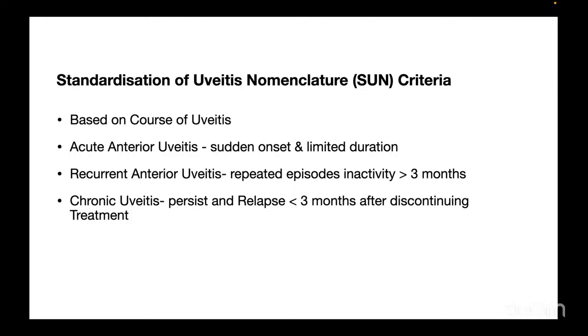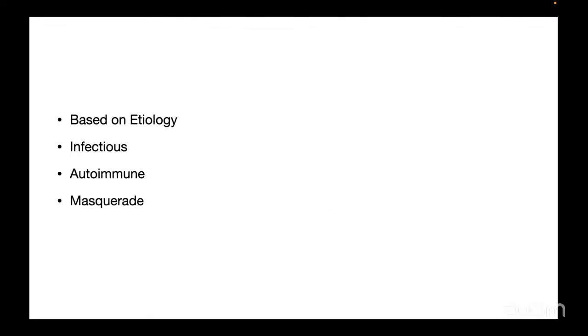Recurrent anterior uveitis has repeated episodes, with inactivity in between of more than 3 months. The chronic type is persistent and relapsing, with no inactivity period of more than 3 months. Usually, as soon as you discontinue treatment, the relapse will occur. Based on etiology, there are infectious, autoimmune, and masquerade types of anterior uveitis.